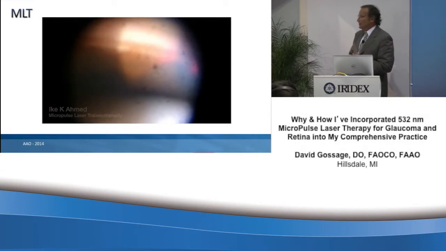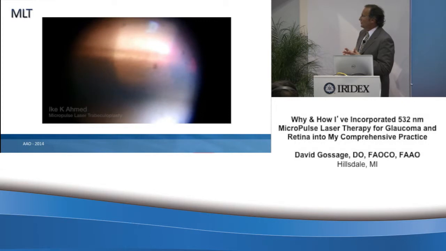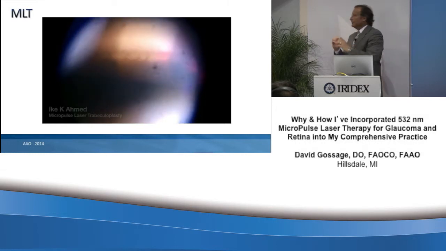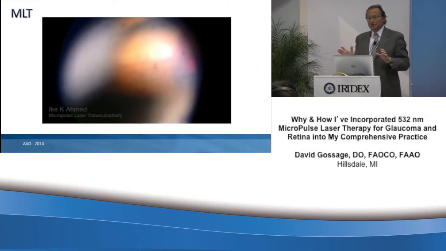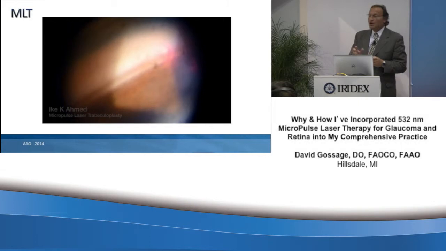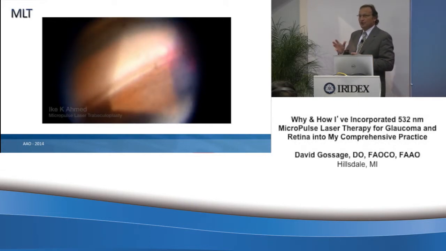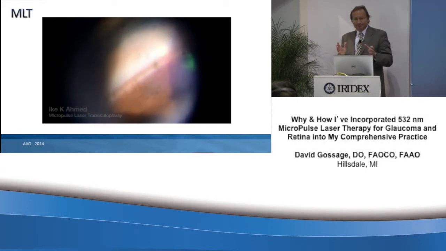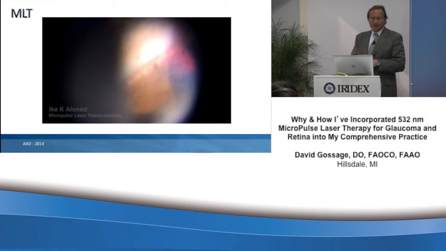This is just showing you what it would look like as a treating physician. What you're basically doing is taking a 300 micron spot size and laying those 300 micron spots right next to each other across 360 degrees of the trabecular meshwork. With the laser itself, you probably will be putting in somewhere between 95 to 120 spots, basically about 10 spots per clock hour.